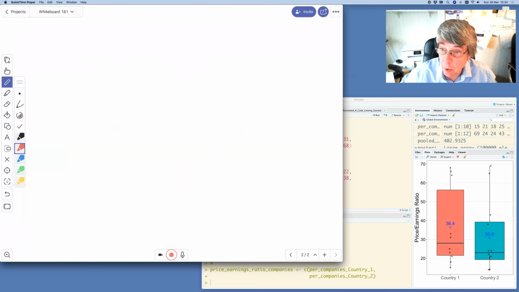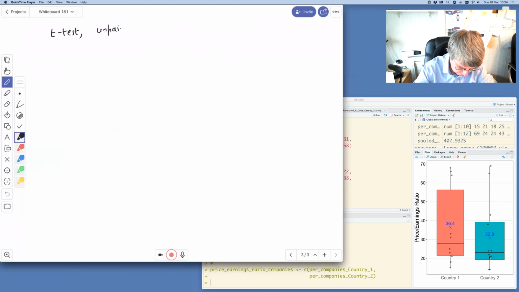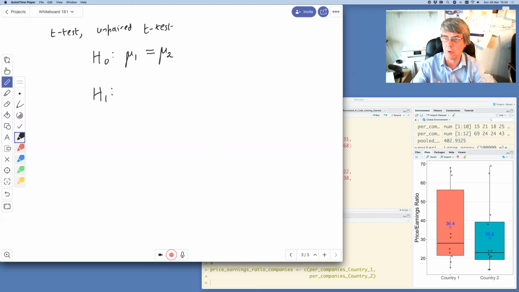You will probably have met a way of learning about those parameters, which is referred to as the t-test, or more precisely, the unpaired t-test. The idea here is that we have two hypotheses that we want to check. The null hypothesis is that mu1 equals mu2, so the mean of the normal distribution for country 1 is the same as for country 2.